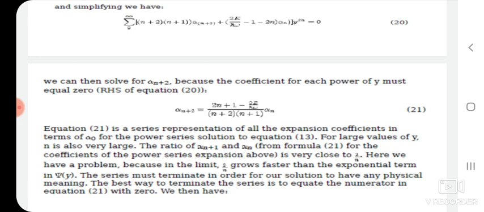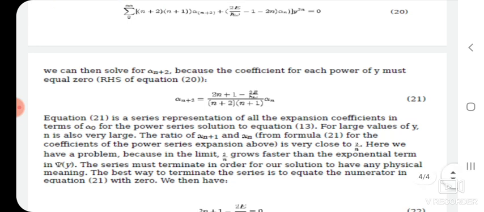Here we have a problem because in the limit 2 by n grows faster than the exponential term in psi of y.